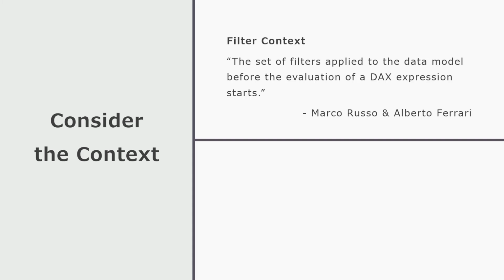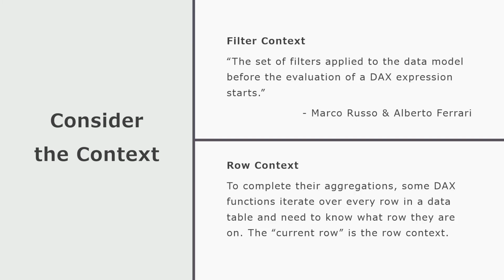But just be aware that all the filters that we use in Power BI have an effect on what's happening with our DAX. The other context is row context. In row context, some DAX functions are going to look at every row in the table and say, okay, take this value from column A and multiply it by this value from column B and give me a result.